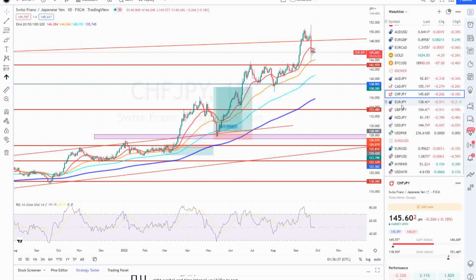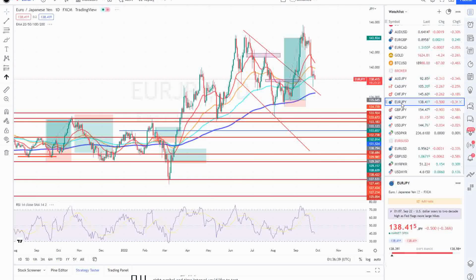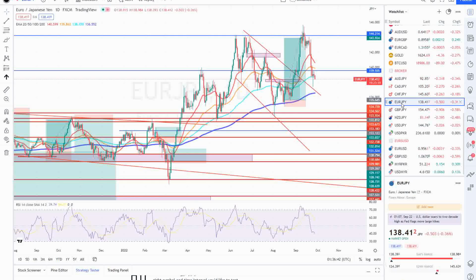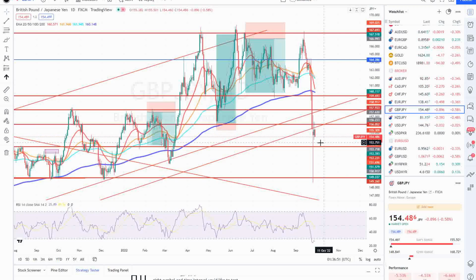CHF JPY, mostly JPY pairs are going in a downward direction now, but first they have to cross this 200 EMA to give us a chance to sell these positions. As I already mentioned, JPY and pound pairs are mostly in high volatility these days. I'm not going to enter at this level too. It seems to be a bit risky. So these are the conditions at the moment.